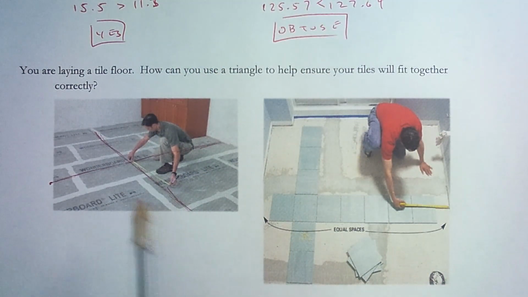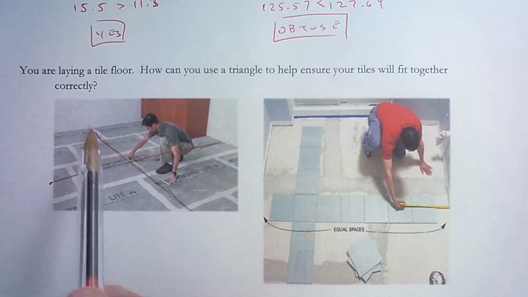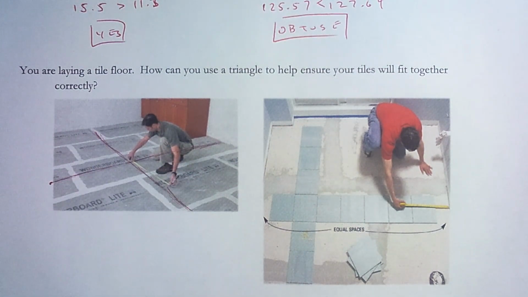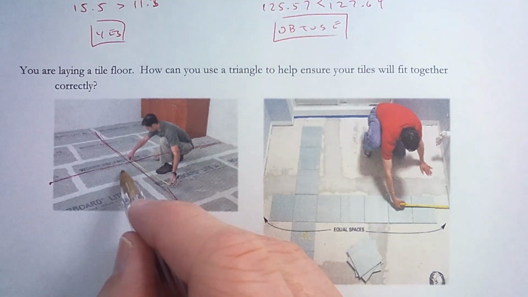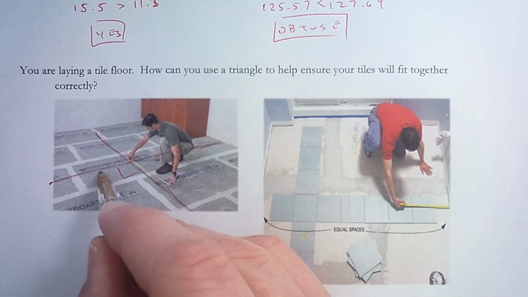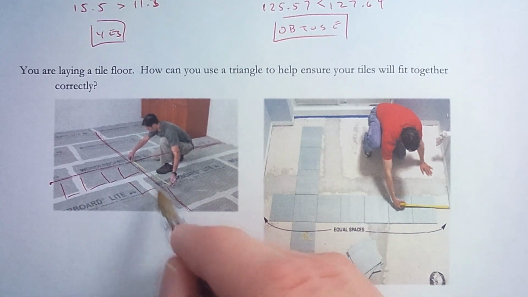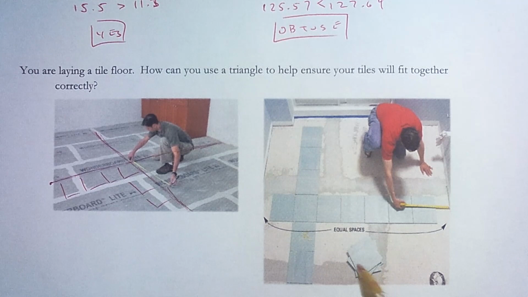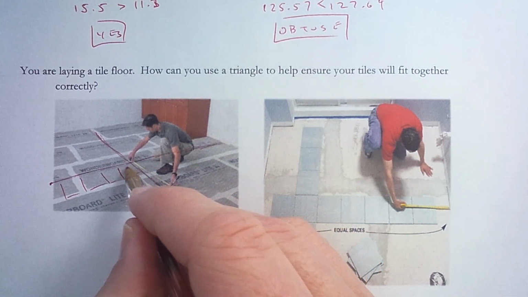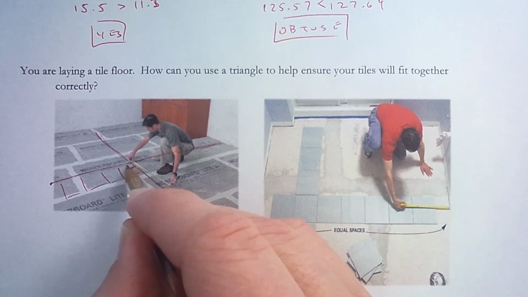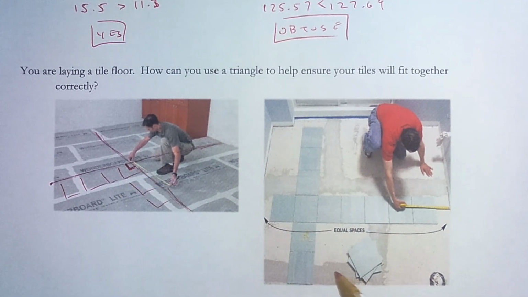So the person laying the tile here snapped a chalk line horizontally and vertically across the room. Okay, now we're going to start laying tiles along those lines. Okay, and the tiles will go out this way as well. But if they are to fit together properly, then this absolutely positively must be a right angle.